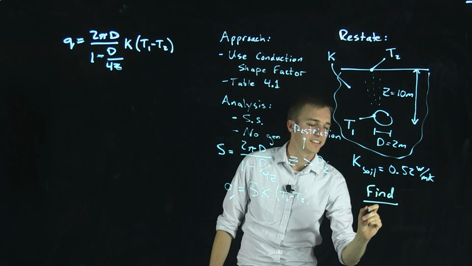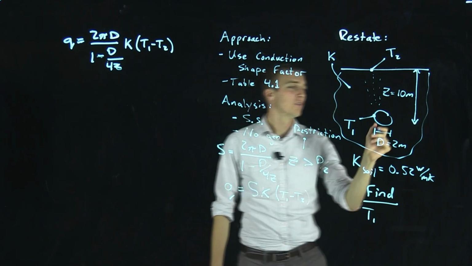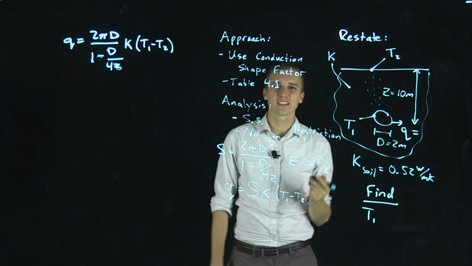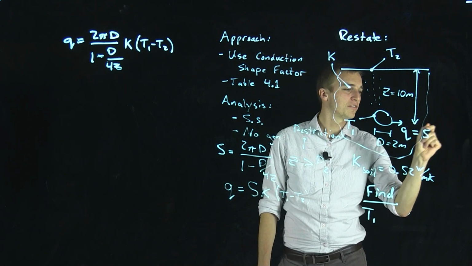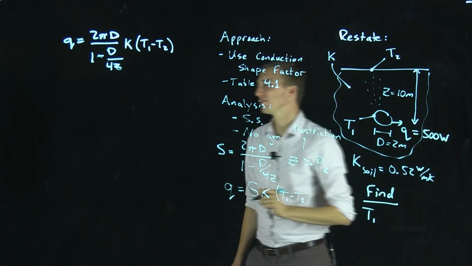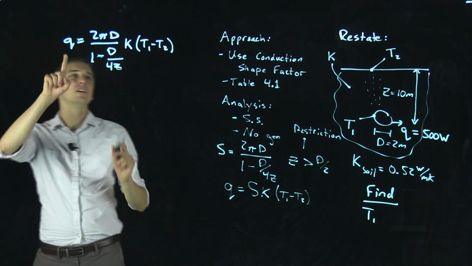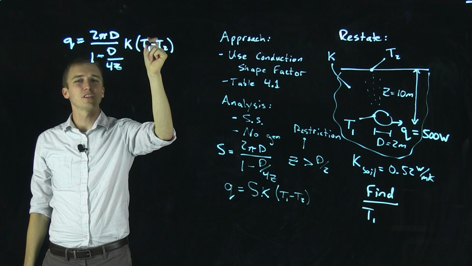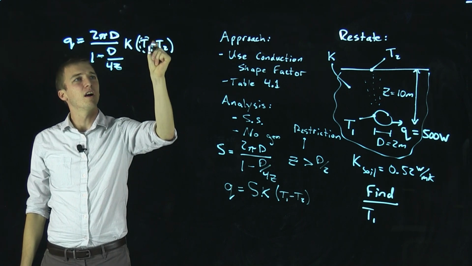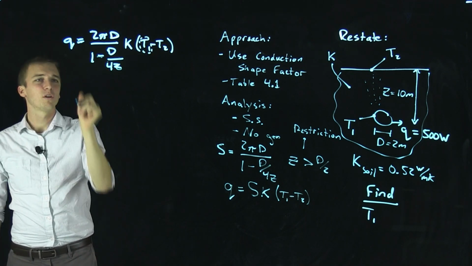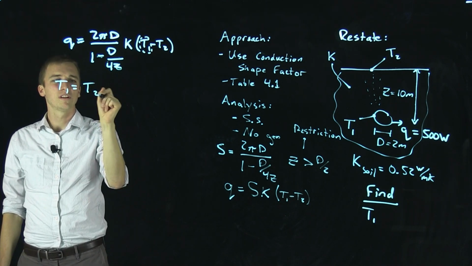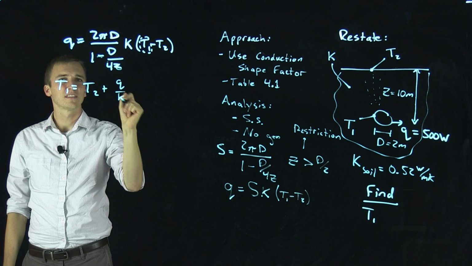We were asked to find T1, where we know that the Q from our radioactive waste is equal to 500 watts. So we know Q, we know all variables except for the surface temperature of our radioactive waste. So solving for T1, the thing we want to know, we get this.